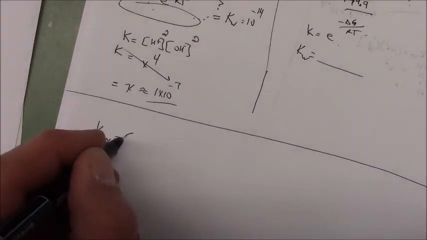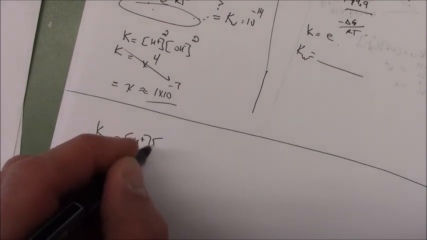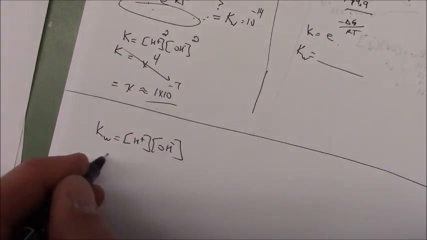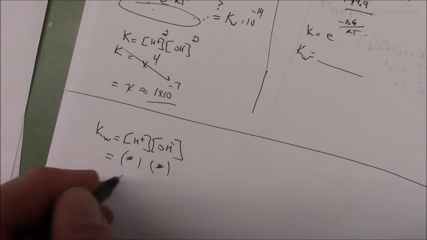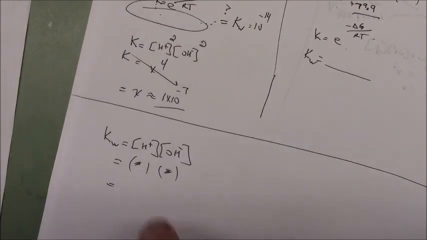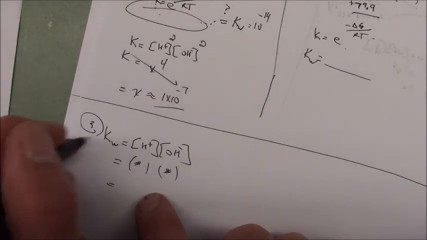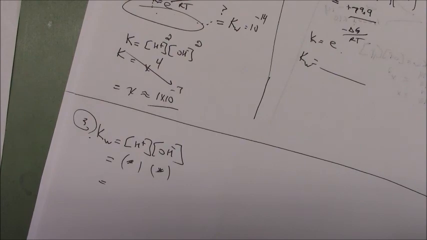Well, you can just do this. If you give me these two concentrations, plug in the numbers you're given, multiply them together experimentally, and just calculate it. So that's part 3, and that does it for question 3.